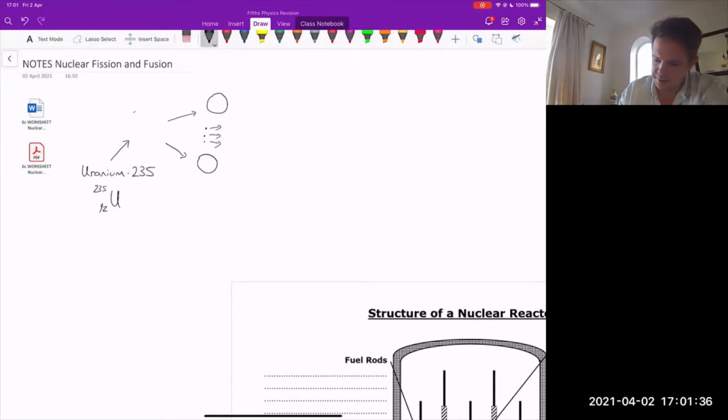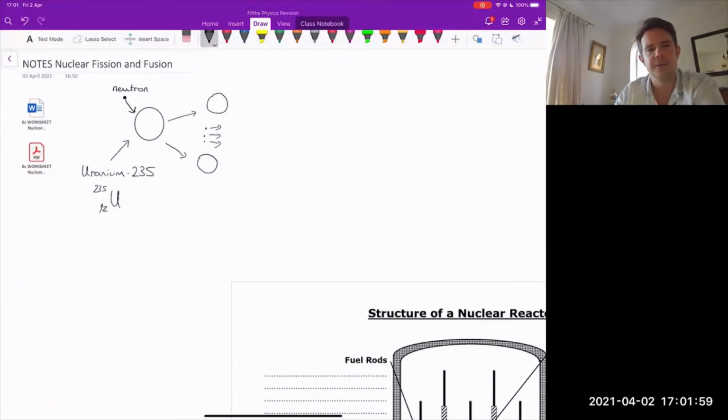Now, as it turns out, for quite a few nuclei, that can happen spontaneously. But at IGCSE, we're interested in a type of fission called induced fission, whereby we stimulate the process by making the fissile nucleus absorb a neutron.